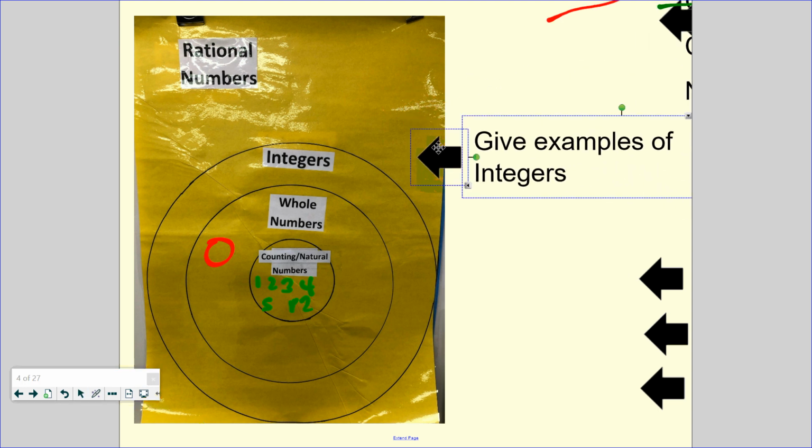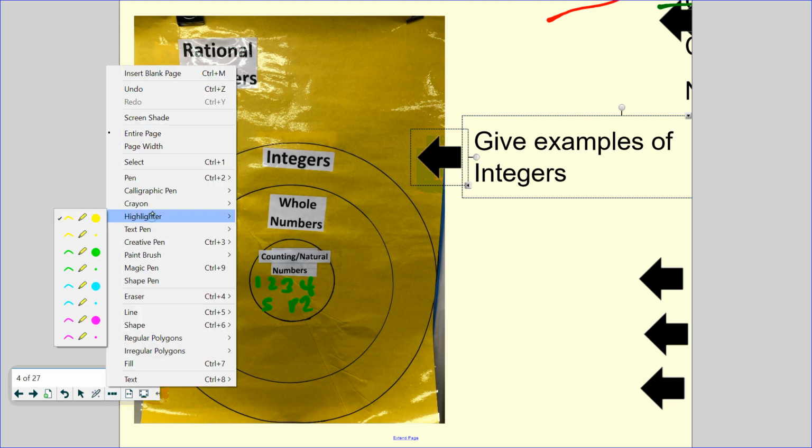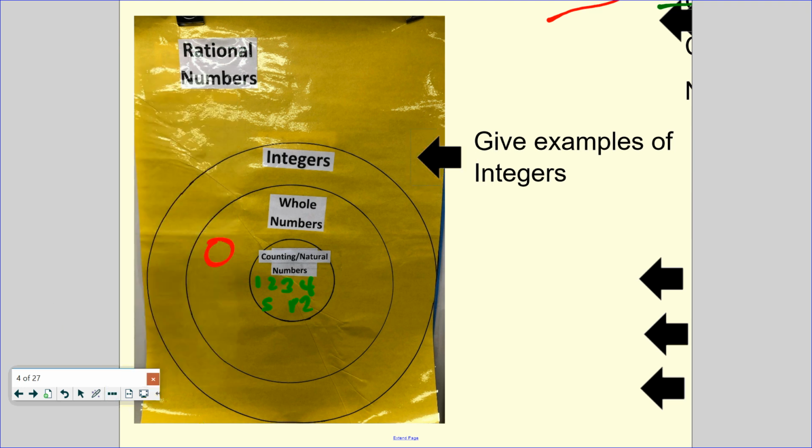Give examples of integers. Integers can be like -1, -2, -3, -4, -5, -7, -12, -15. What about 1, 2, 3, 4, 5, 6, 7? Remember, integers are whole numbers and their opposites.